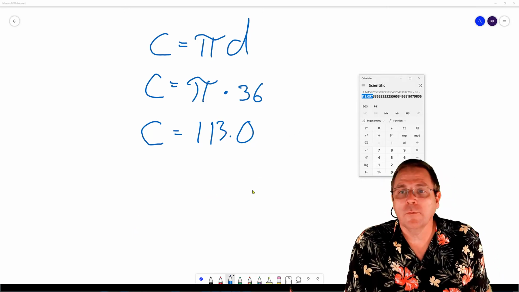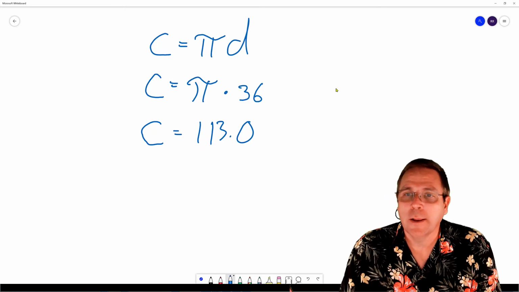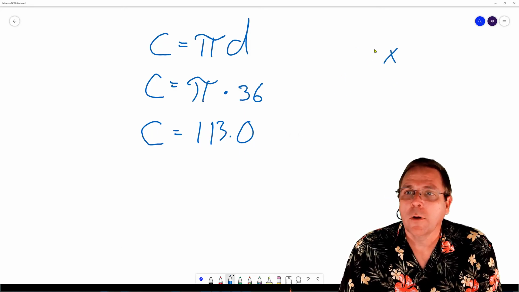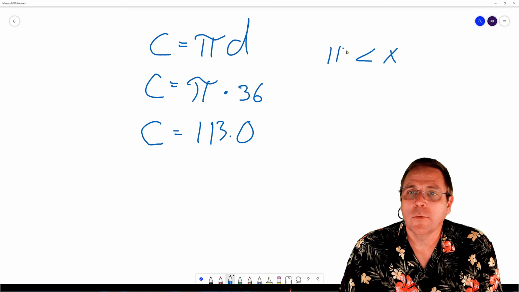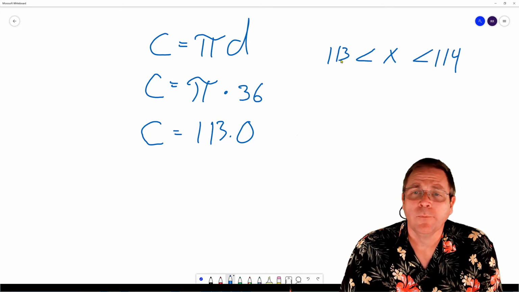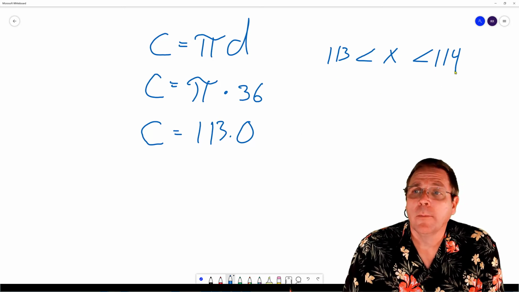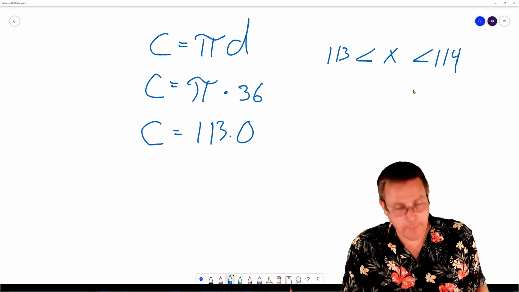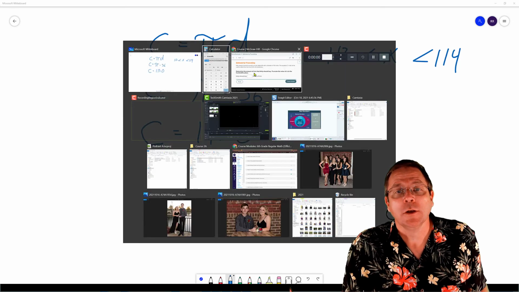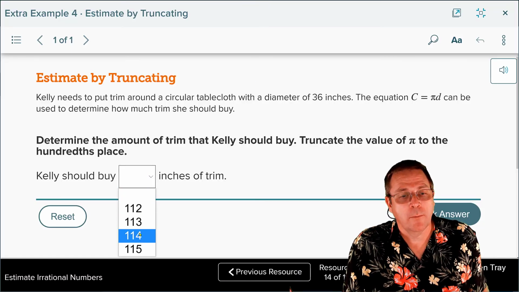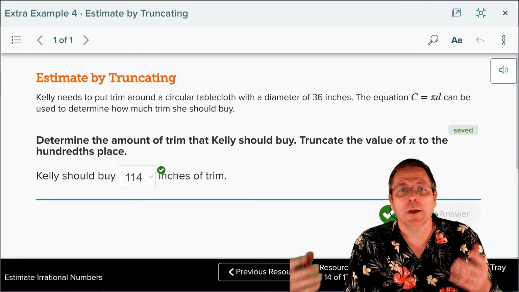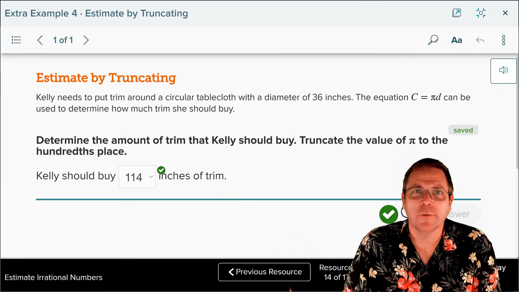Therefore, the amount that we're going to need is going to have to be somewhere greater than 113 but less than 114. If you buy 113, you're not going to have enough material. Buy 114, yep, then you're going to have enough material. Jump back over here to our answer, pick 114, hit check, and we win. It really is that simple.